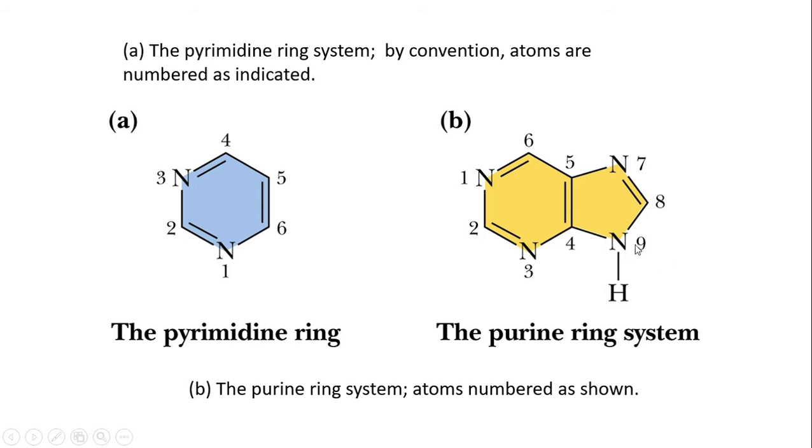These are both insoluble in water. I want you to note the numbering system for these rings. The nitrogen in this position is 1, 2, 3, 4, 5, and 6. In the purine ring, the numbering begins here, 1, 2, 3, 4, 5, 6, and the 7, 8, 9 are out here. And this will be important when we start adding substituent groups to these molecules.